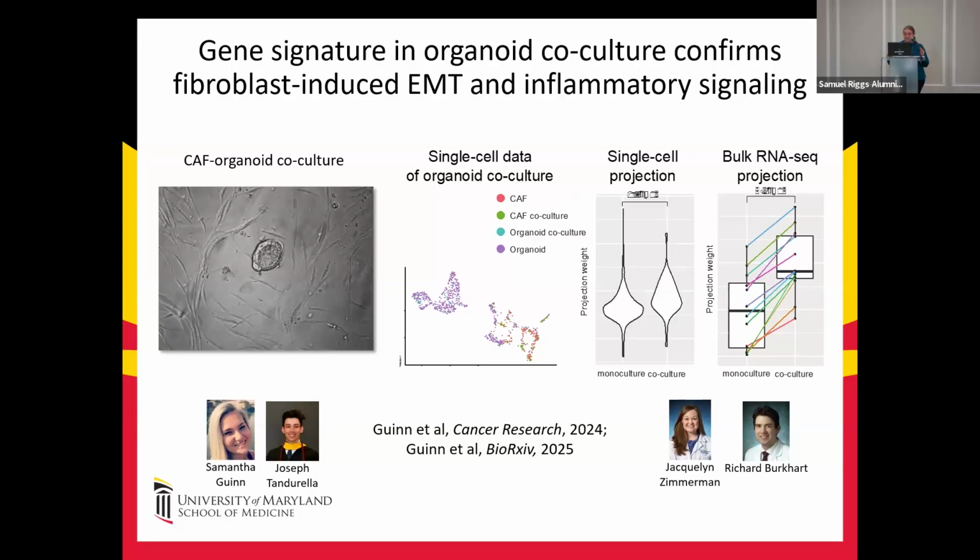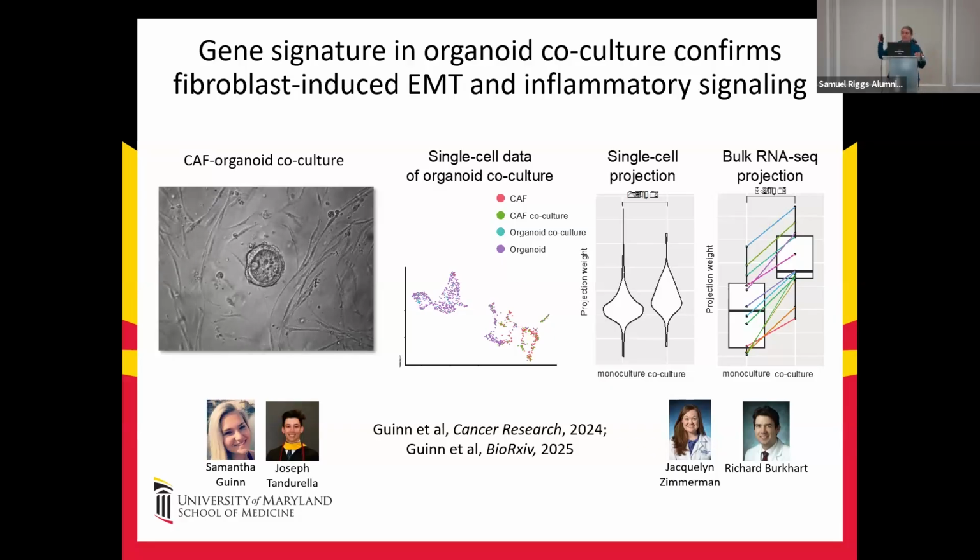What we saw is that if we looked at single cell data in one of these organoids, we saw indeed an enrichment of this pattern in the co-culture relative to monoculture. And what was even more interesting was when we looked across a whole panel of organoids and ran bulk RNA-seq on these and looked at the projection, we saw it also.